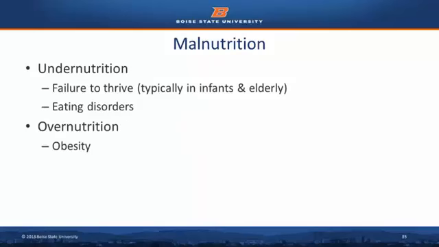Moving on to general nutrition topics, malnutrition. I think when people hear the term malnutrition, they think of a very thin person, but obesity also falls under the category of malnutrition because it's an issue of poor nutrition and it can manifest as being abnormally thin or obese.